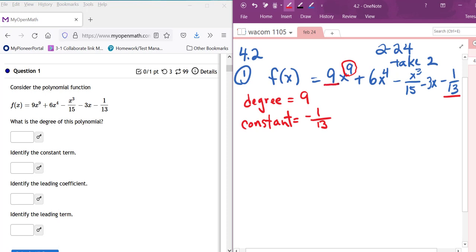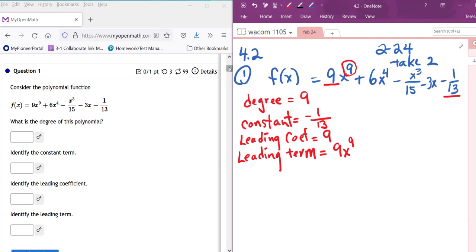So your leading coefficient is positive 9. And the leading term will be the 9x to the 9th. So pretty easy stuff. Just watch and make sure it is in descending order.